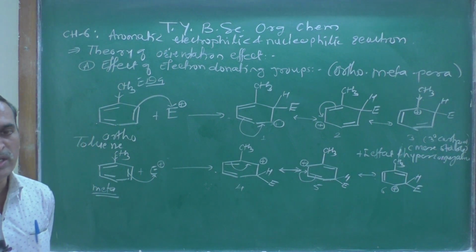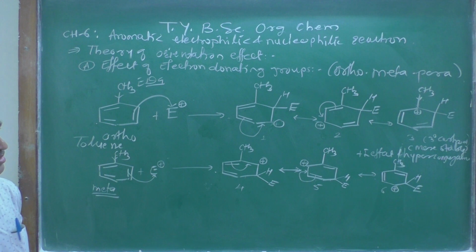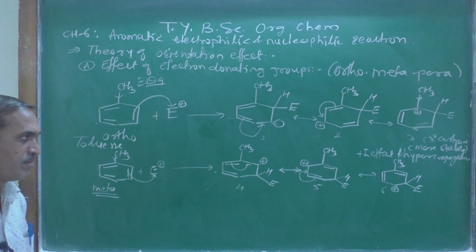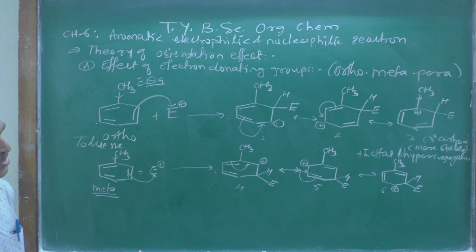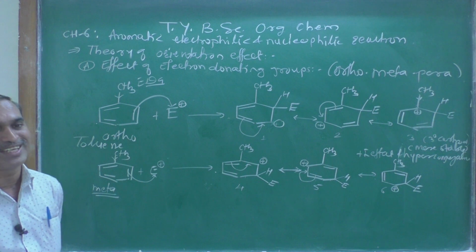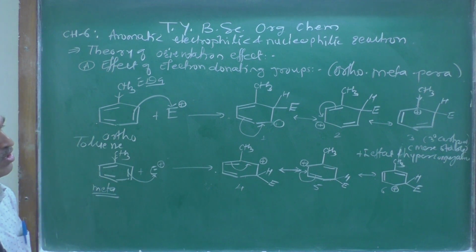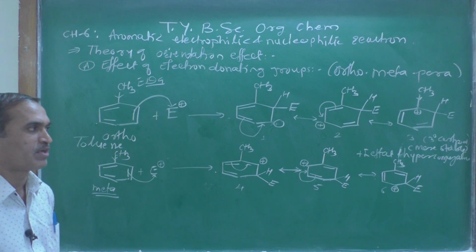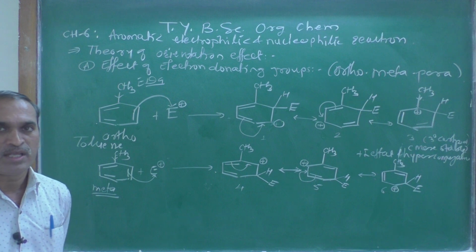attacks at meta position, the positive charge resonance is there, but it does not get stabilized because no such kind of plus I effect or hyperconjugative effect you can see in this structure.